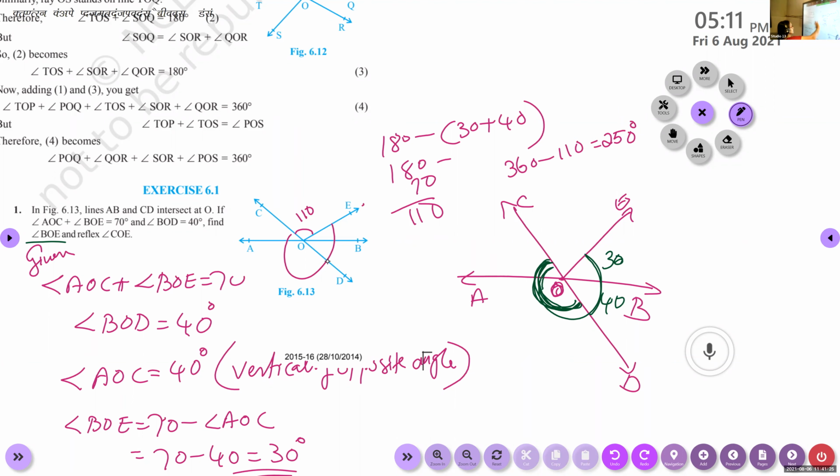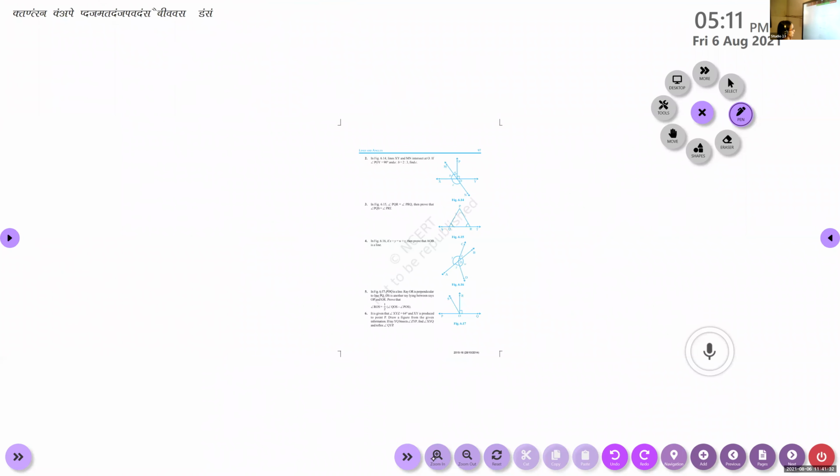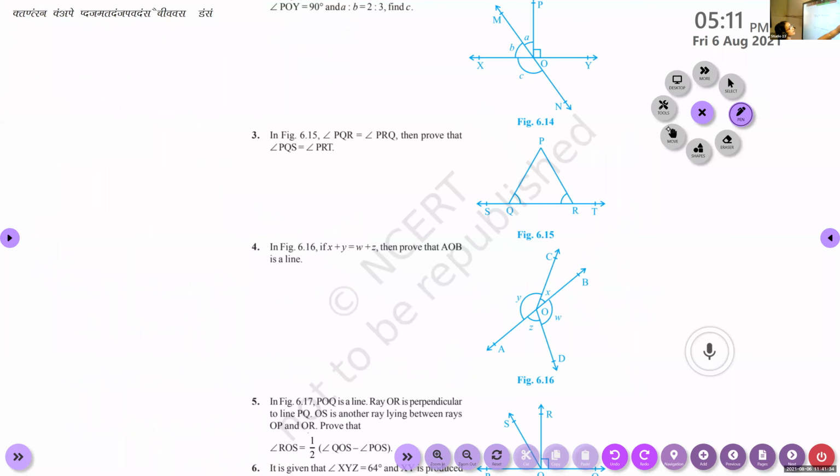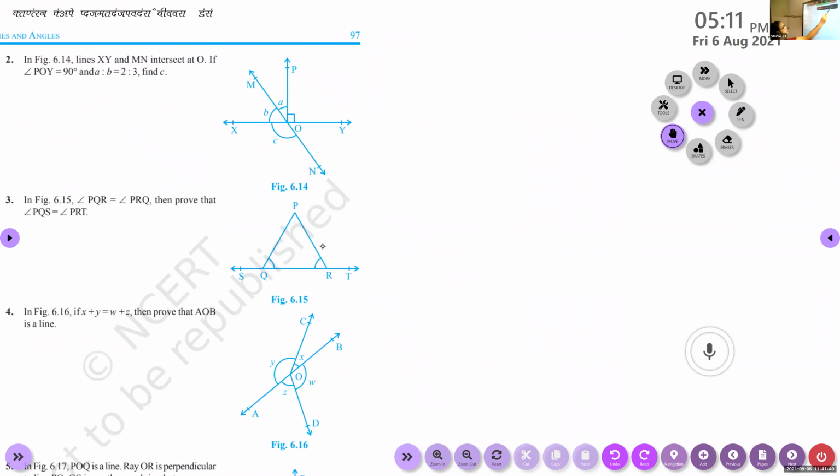Okay, children. Now we will move to the next question. Question number 2, right? Write question number 2 and draw its figure.